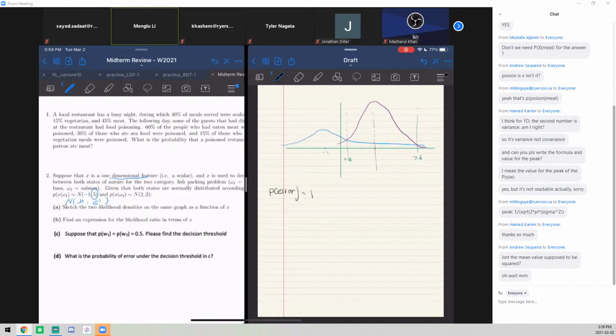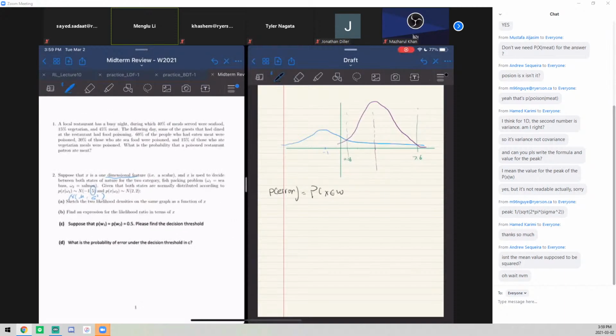Error is the first part, where we know it's class 2 and we classify it as class 1, plus the second case, where we know it's class 1 and we classify it as class 2.